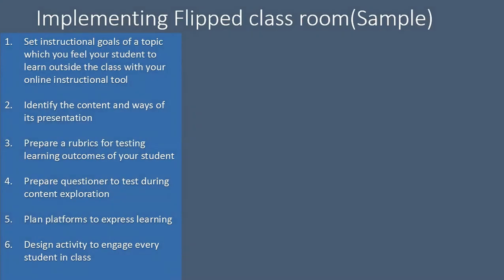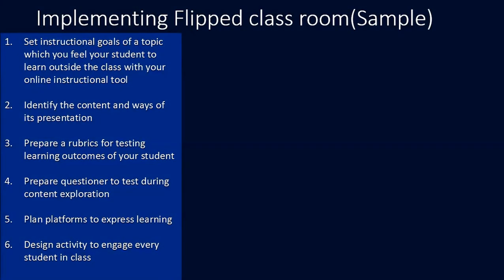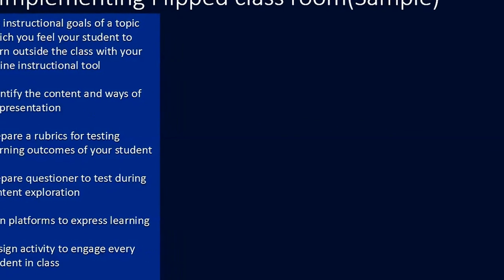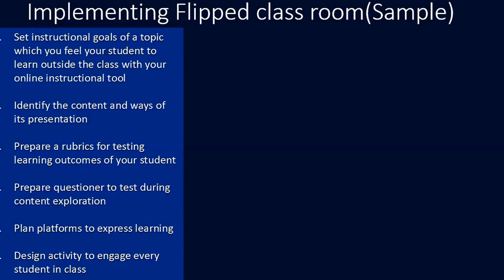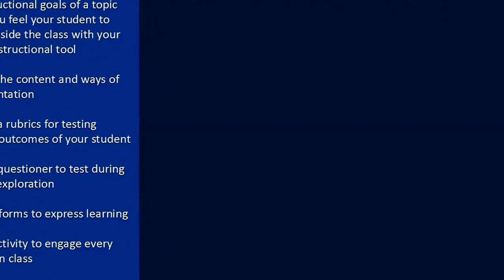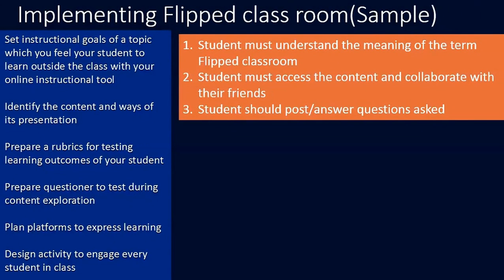Here I am trying to give you a sample of how we can design a flipped classroom. The first step is to set the instruction goal, so I have done that here as a sample. My students, being you, must understand the meaning of the term flipped classroom. That is my first goal.